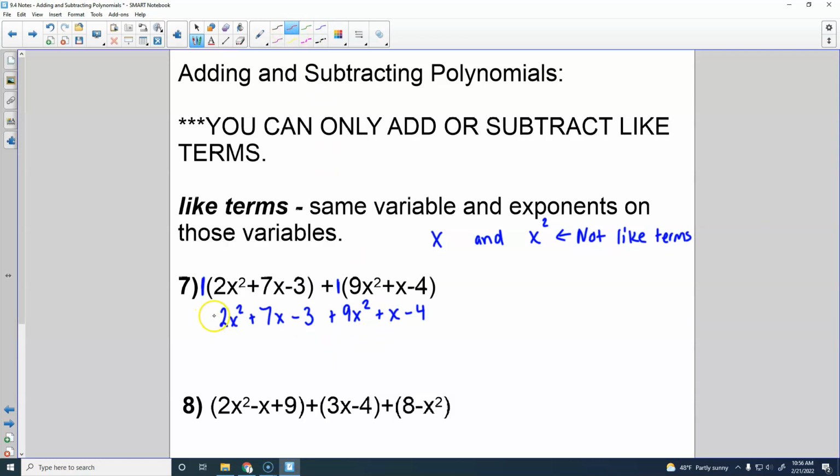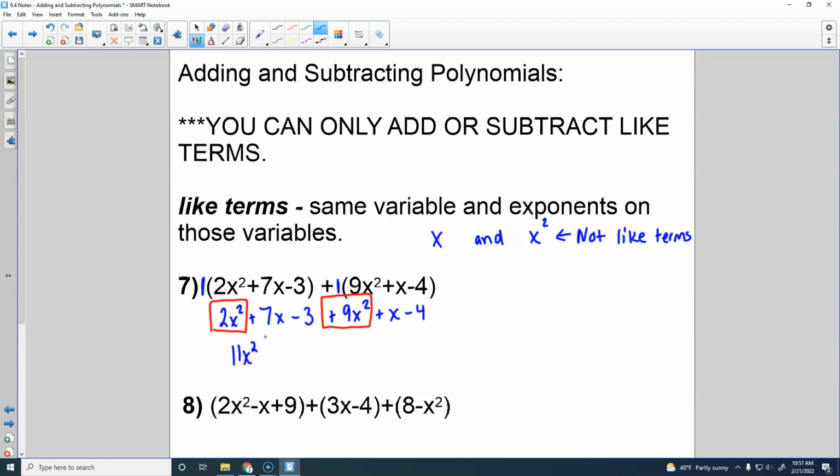So you're going to group together the things that have the same variable part. That's going to be a 2x squared and this 9x squared. Whenever I do the 9x squared, I use the sign in front of that number. So I have a positive 2 and a positive 9, which is going to give me positive 11.